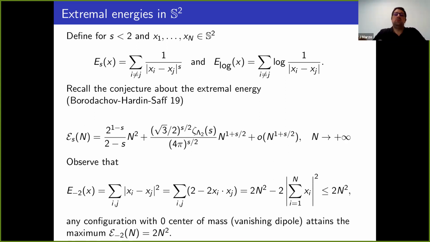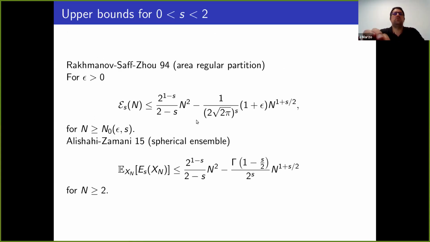Okay, but as I said, this is the conjecture, but the known results are in terms of some constants here. So I'm going to recall some of these results, basically in this range, for positive s between 0 and 2. Well, it's not the first result about this, but the first result I'm going to mention is by Rakhmanov, Saff and Zhou.